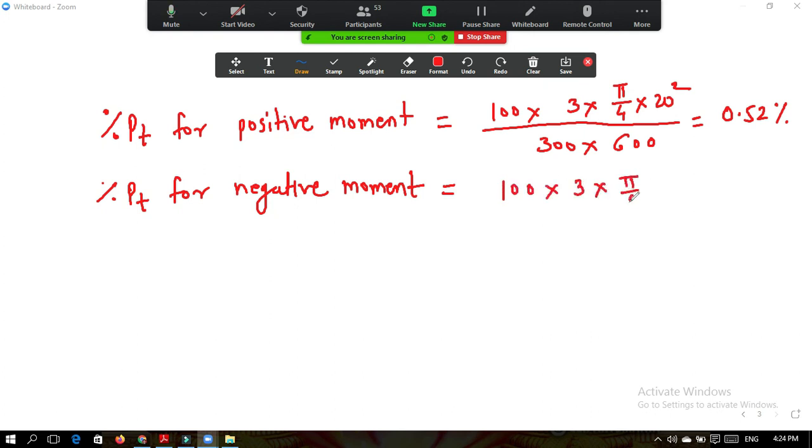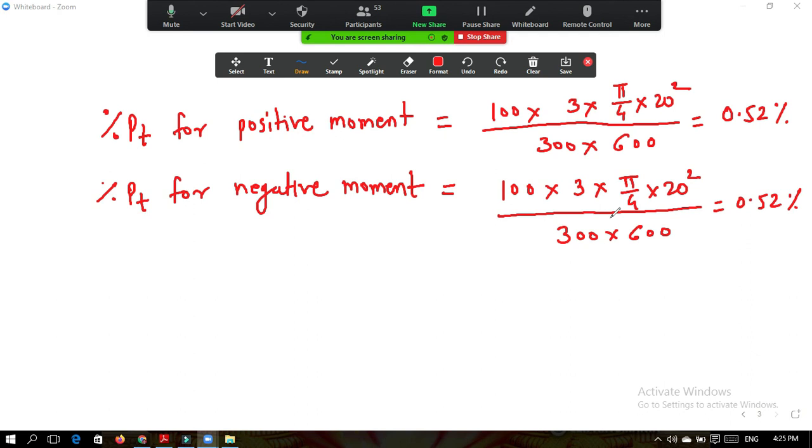As the dimensions are same, you will get the same value. So again it is 0.52%, because your AST provided is the same for both the moments.